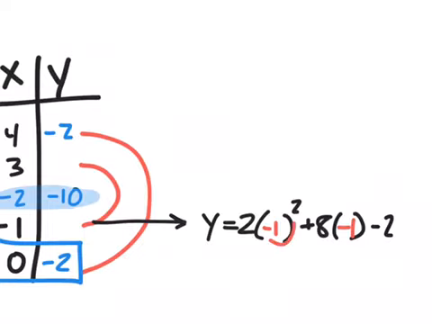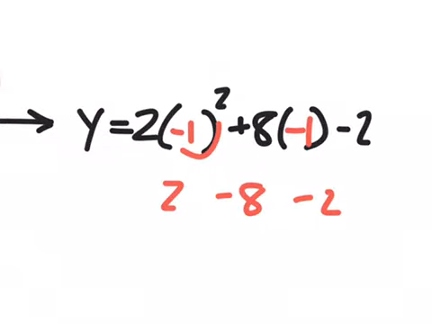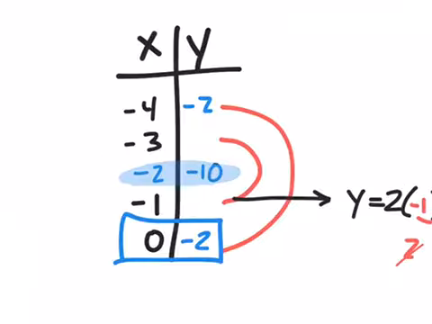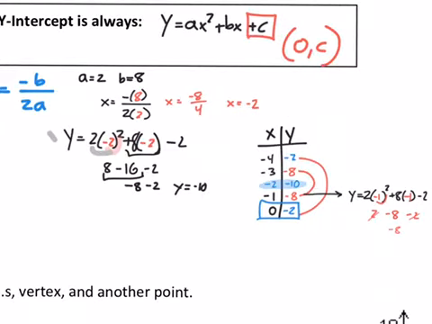Negative 1 squared is 1 times 2 is 2. Then we get to subtract 8 and to subtract 2. When we place all these together, these 2's cancel out, leaving us with a negative 8. So that tells us that this point here is a negative 8, and by symmetry, that point there is also a negative 8. And now we're ready to take this table and get it graphed.